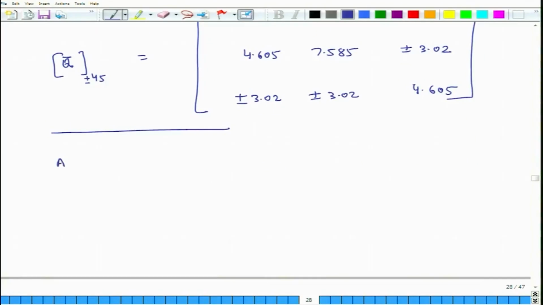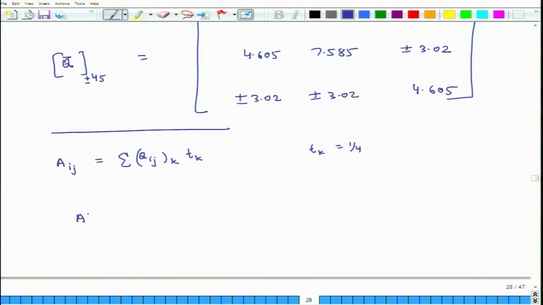So, Aij is Qij for the kth layer times thickness of the kth layer Tk, and we sum it. And what is Tk? Tk is equal to 1 by 4th because the overall thickness is 1. So, basically I add up all the 4 Q matrices and divide them by 4, and I get the A matrix.